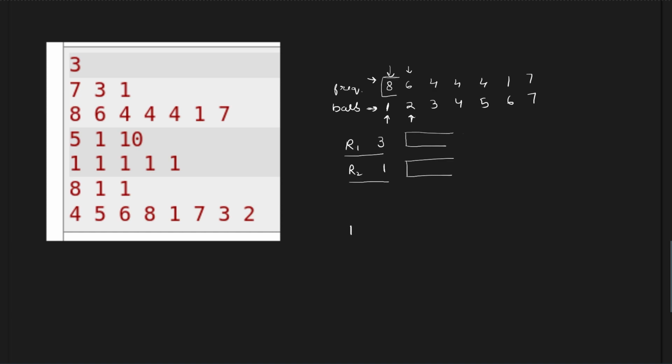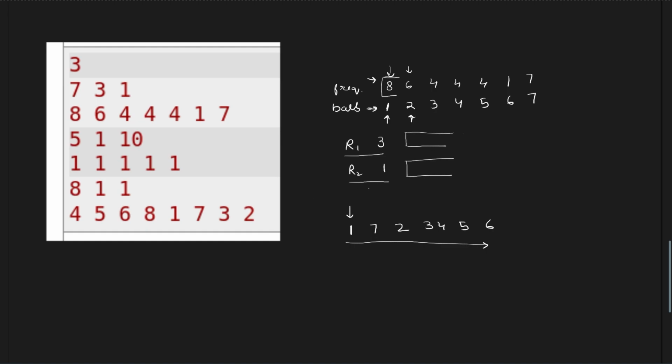The first ball would be 1, the second ball would be 7, the third ball would be 2, then 3, 4, 5 can be in any order, and then 6. So these are the balls sorted in decreasing order of the number of access times. The first ball is required the most number of times, so I would always want the time required to scan this particular ball to be minimum.